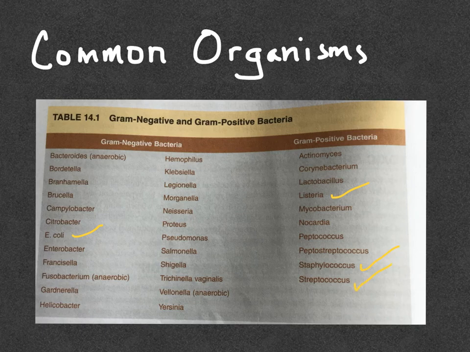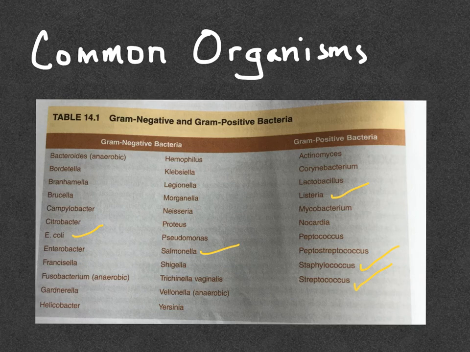Most of you have heard of strep throat. That's the Streptococcus bacteria causing that. Let's see, what else is on here? Salmonella. We hear that talked about in the news every once in a while. So again, this is not an exhaustive list, but just the types of things to be familiar with as an example of the organism serving as the primary focus in this chapter.